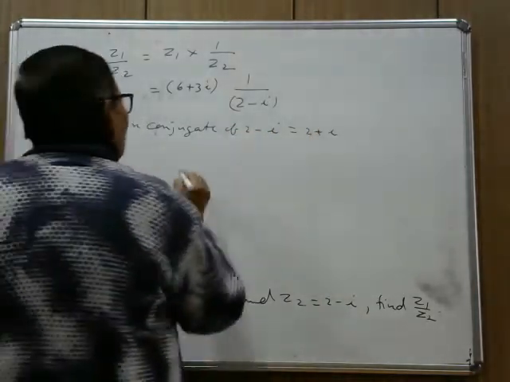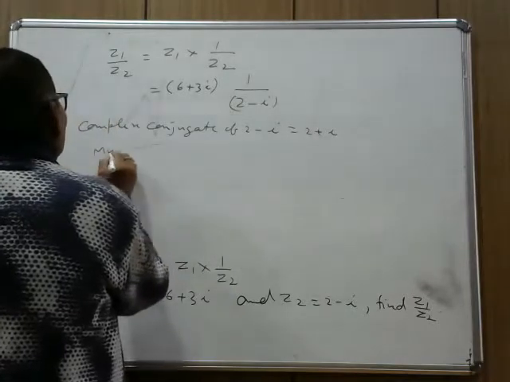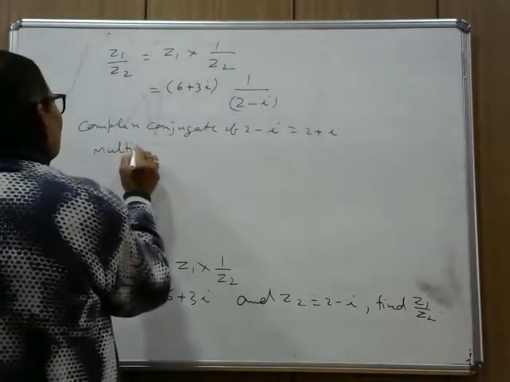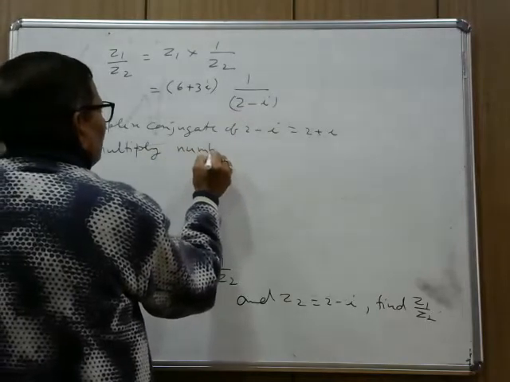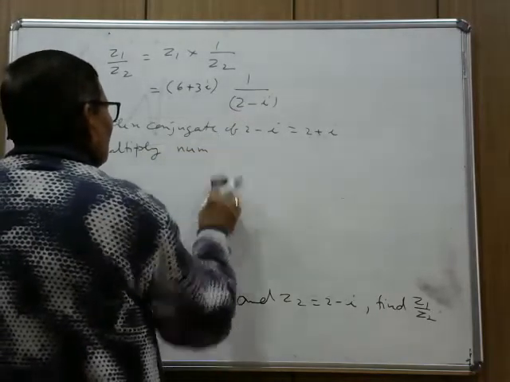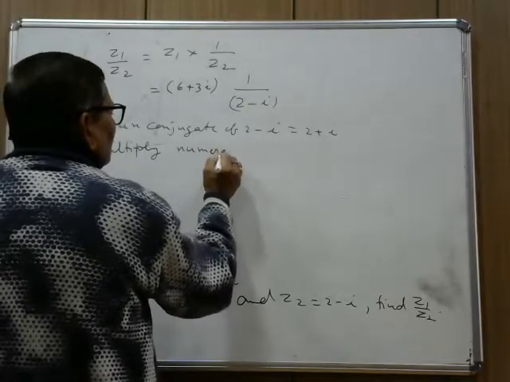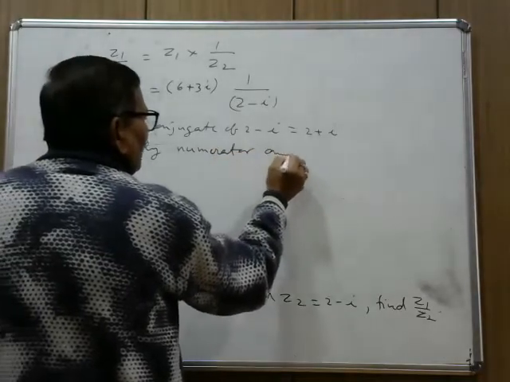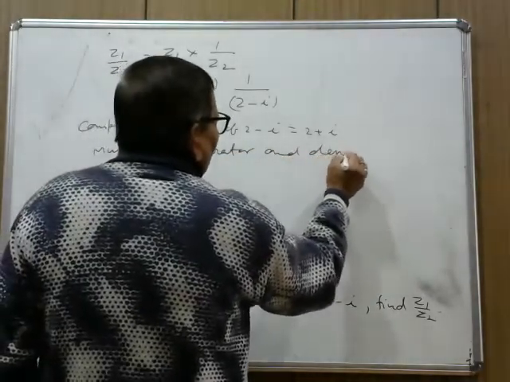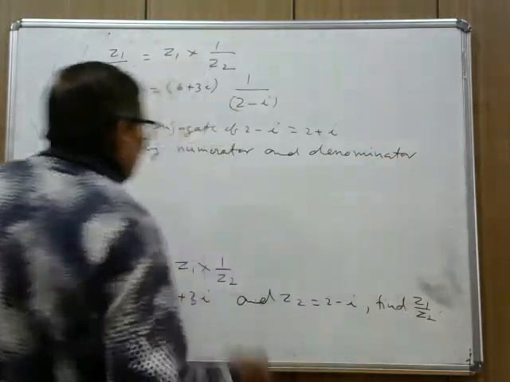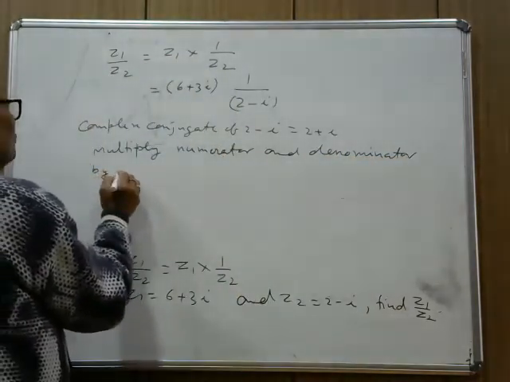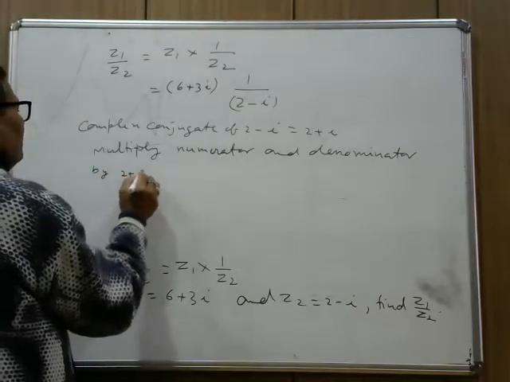So multiply numerator and denominator by 2 plus i.